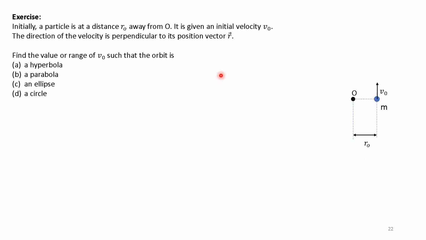The question asks for the range of the initial velocity v naught such that the orbit is in one of the following shapes.